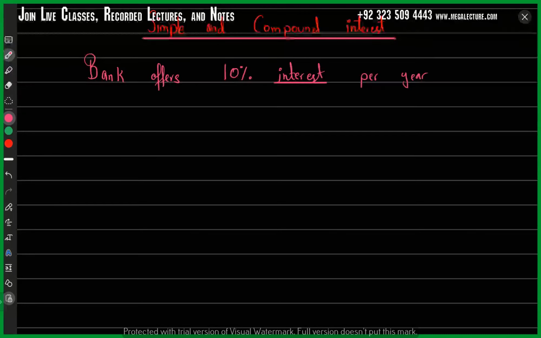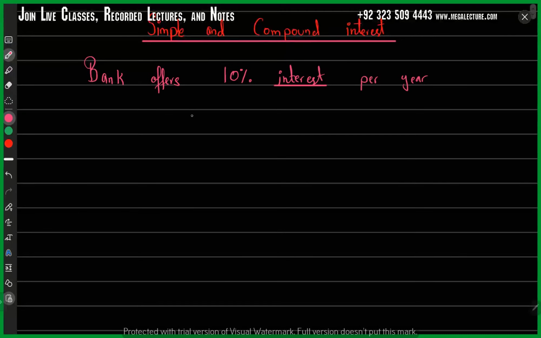So for example, let's say I have $100 and I have deposited this amount in the bank. I've given this amount to the bank. Now, after 1 year, what would happen? I am again going to have $100 in my bank, given that I did not use that amount.